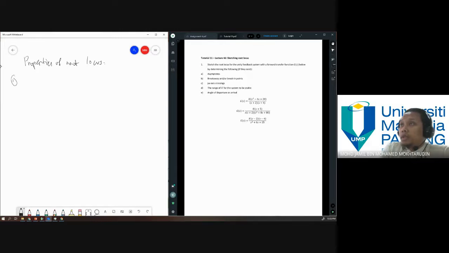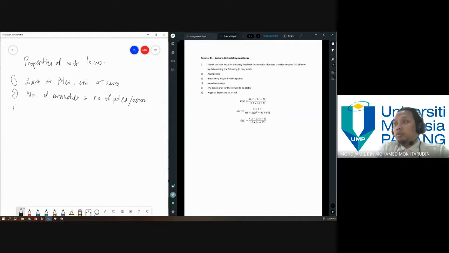So first one is root locus will start at poles and end at zeros. And then number two is number of branches equals number of poles or zeros. Okay.